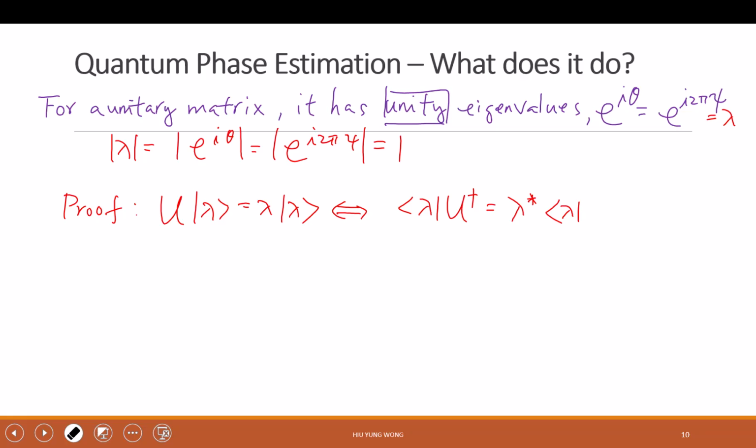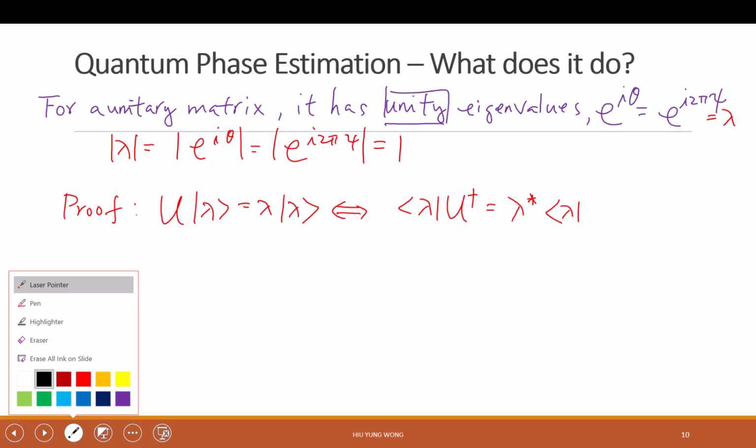That is how we find the correspondence: U applied to the ket corresponds to the bra times U dagger, and this must equal the bra times the complex conjugate coefficient of lambda. Or, on the other hand, I can apply U dagger to the left. So I have two equations.